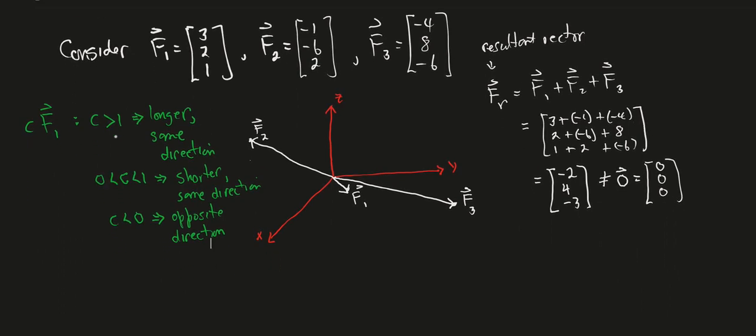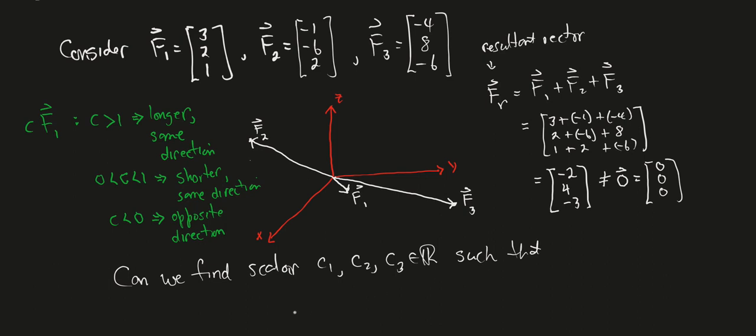Can we find scalars C1, C2, and C3, real numbers, such that C1 times F1 plus C2 times F2 plus C3 times F3 gives us the zero vector?